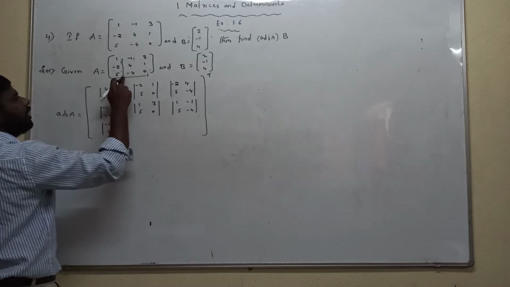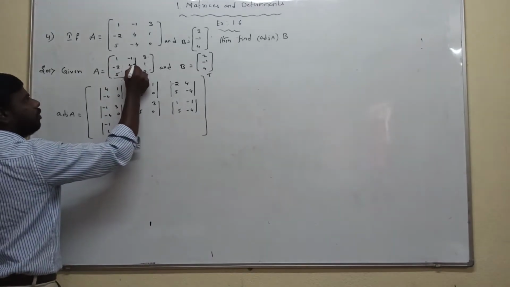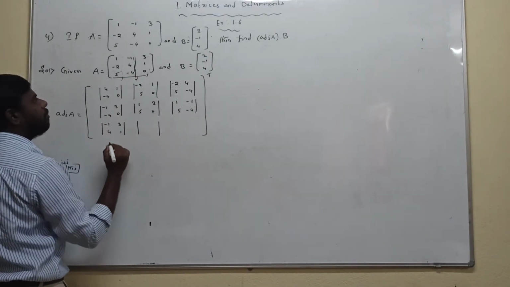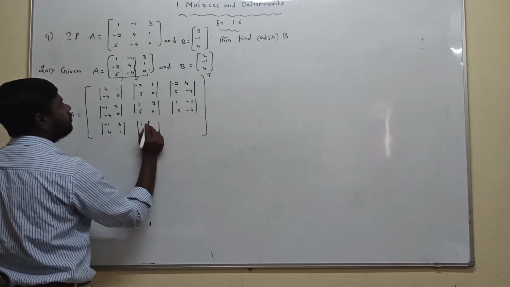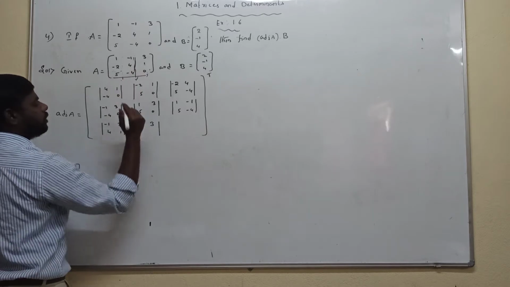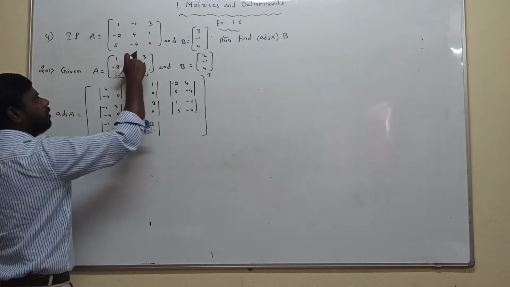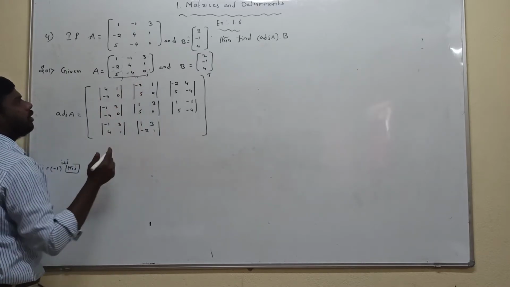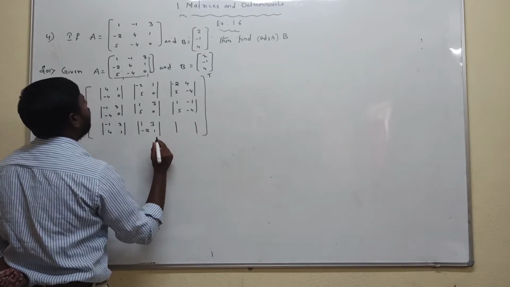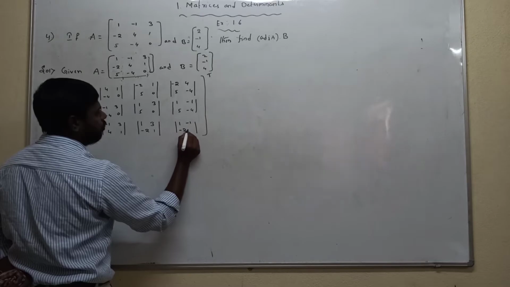Next, -4, present in the third row, second column, is eliminated. The determinant of the left over elements is 1, 3, -2, 1. Next, 0, present in the third row, third column, is eliminated. The determinant of the left over elements is 1, -1, -2, 4.